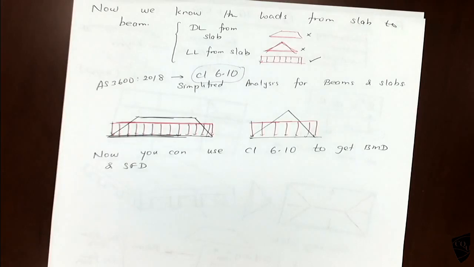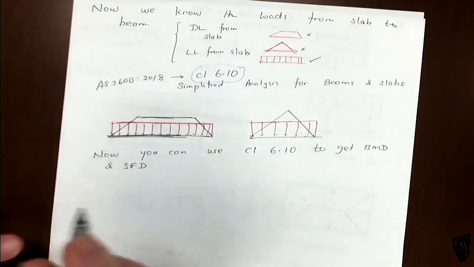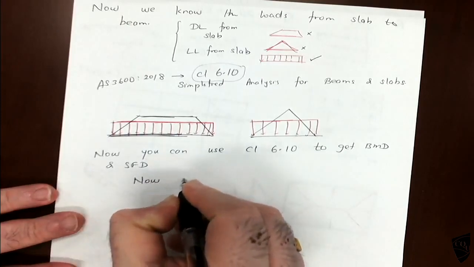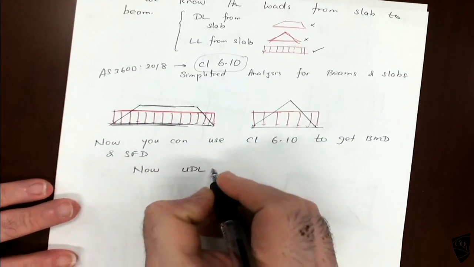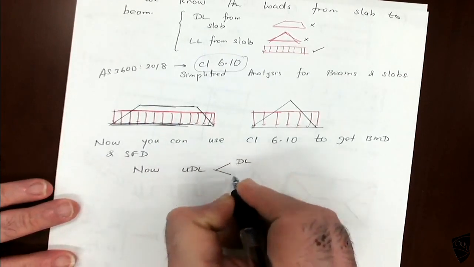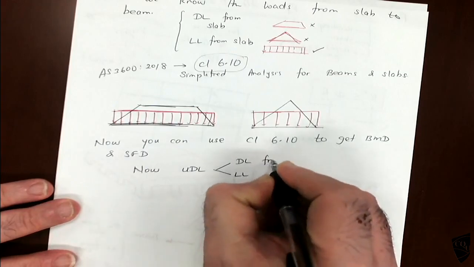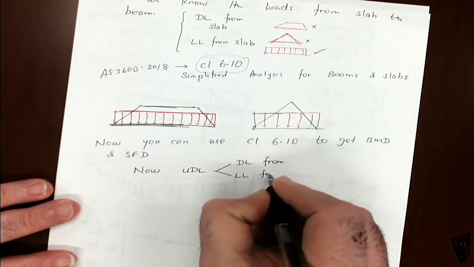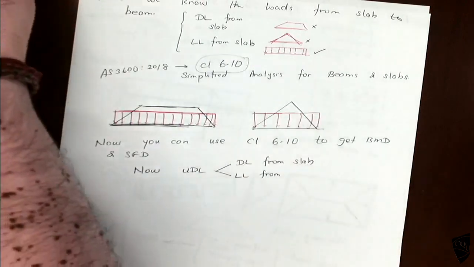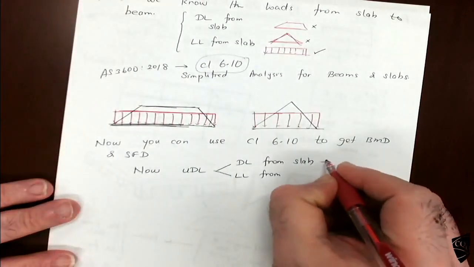Okay, so now you have the uniformly distributed loads from the slab, the UDL from the slab. For beams, you also need to add the self weight of the beam.